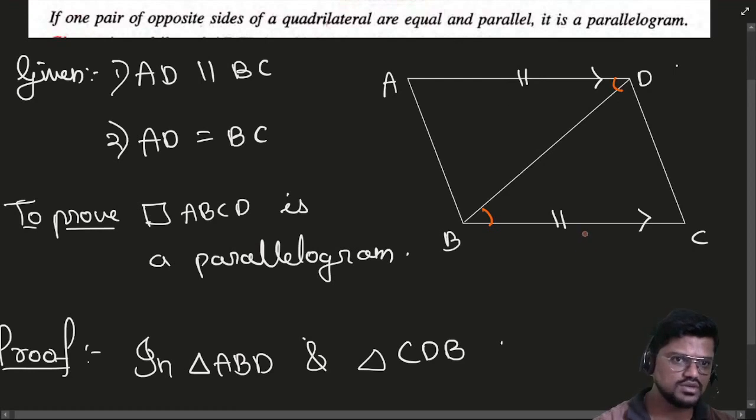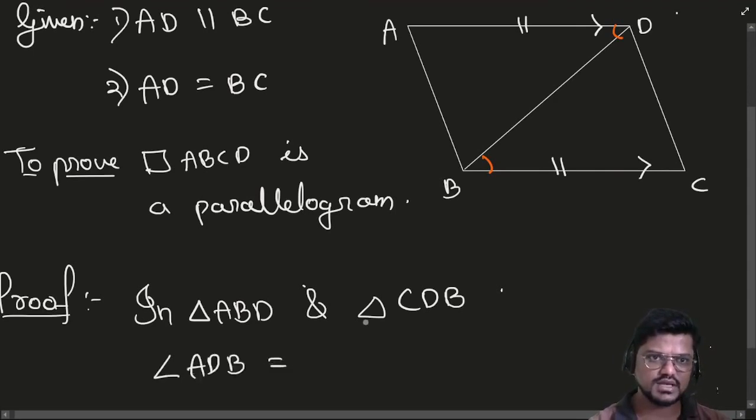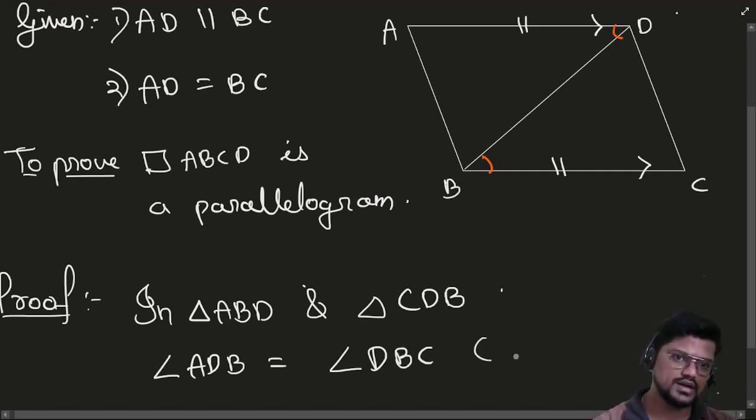This side is equal to this side, and this side is common for both the triangles. What I can say, angle ADB is equal to angle DBC. Why? The reason is alternate angles.